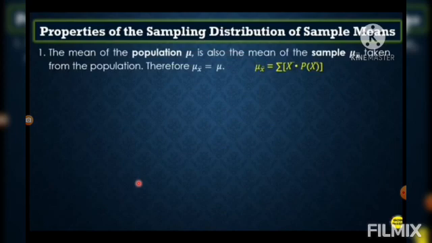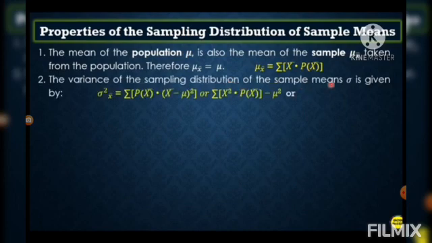Number 1, the mean of the population mean is also the mean of the sample means, therefore the mean of x̄ equals μ. So this is the formula of the mean.